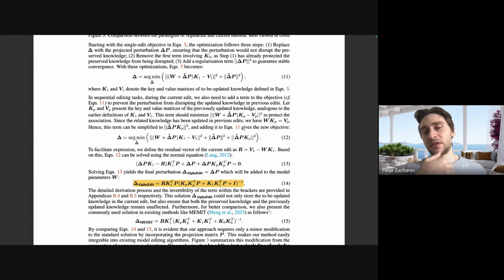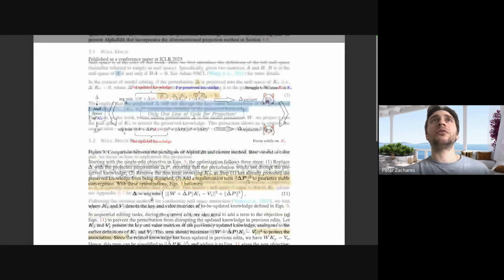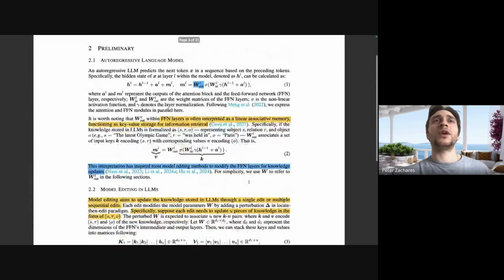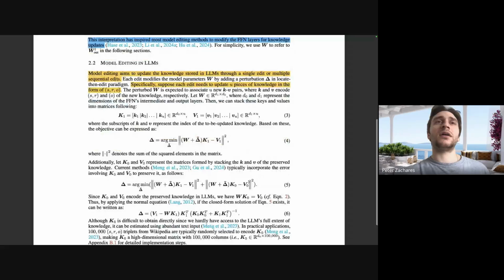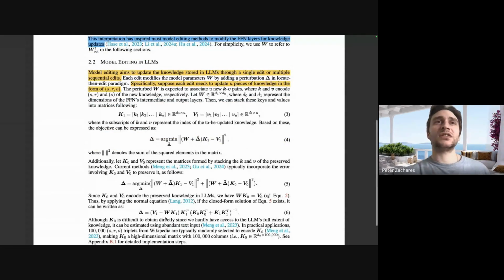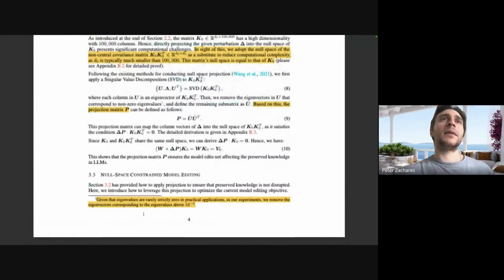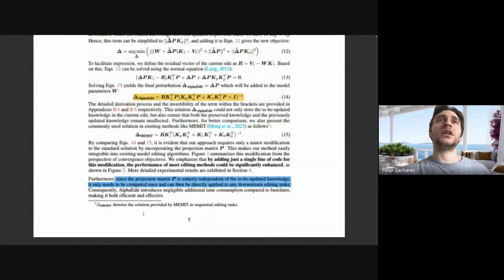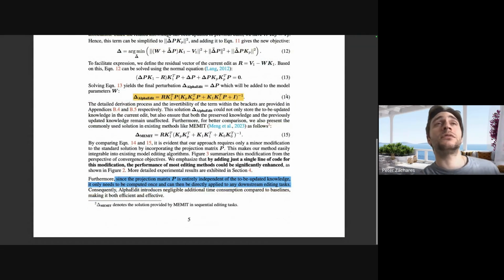They say the one line of code update is, if you remember the preliminaries, we update the model using equation 6 and W. So we do W equals W plus this big delta. Now they're saying instead of using equation 6, we'll just use equation 14.